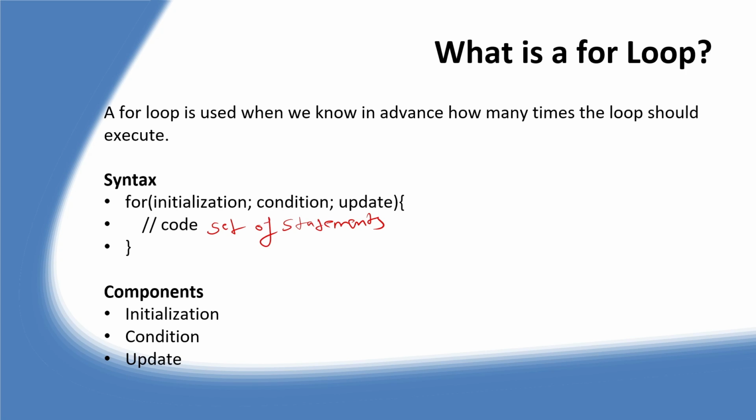A for loop is used when we know in advance how many times the loop should execute.